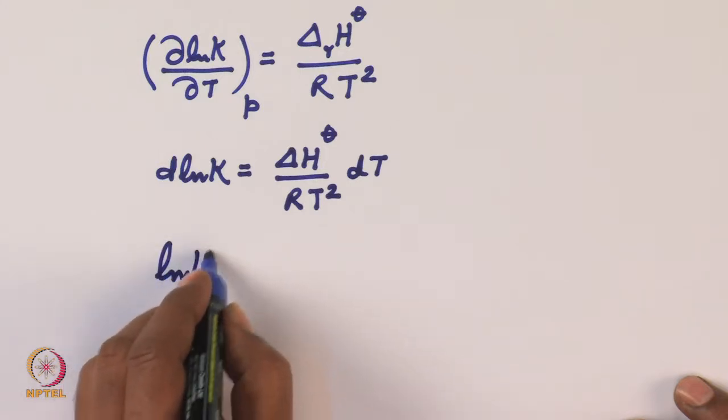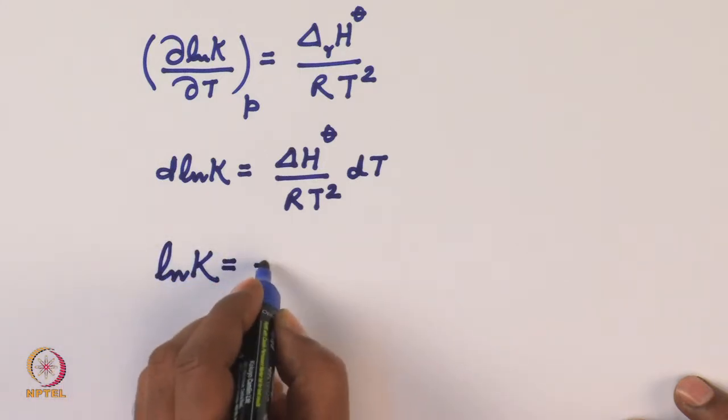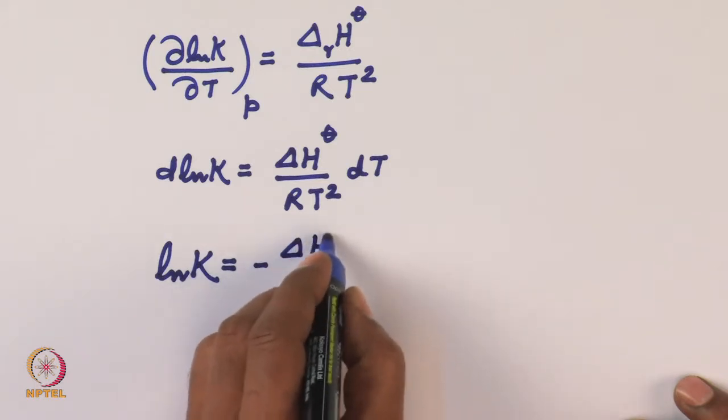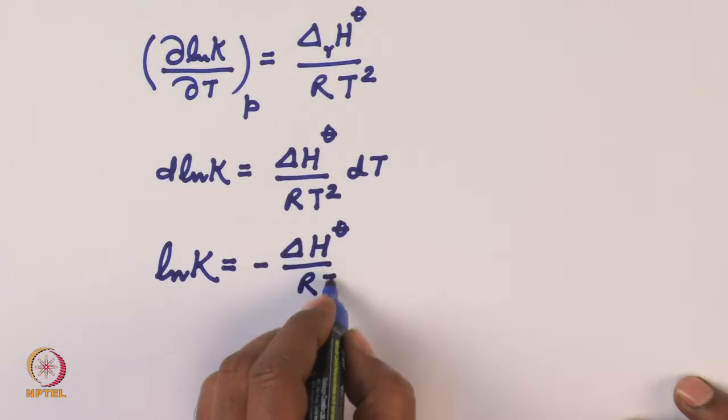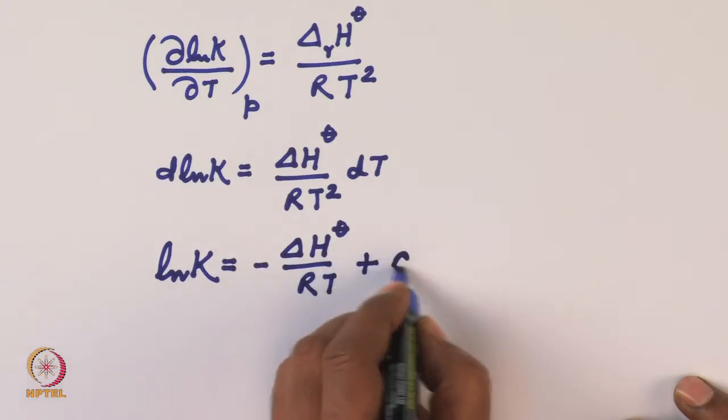What I will have is log K is minus delta H naught by RT plus a constant.